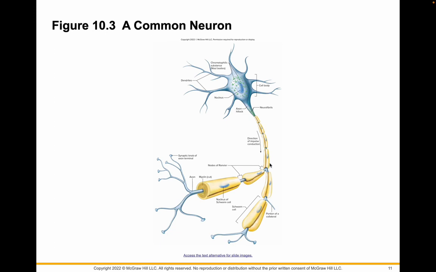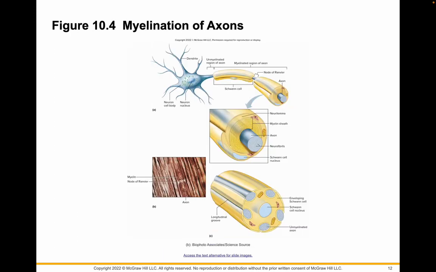The nodes of Ranvier are these spaces in the myelin sheath, and that's going to help us with what's called saltatory conduction. When you get down to the axon terminal, you'll see that synaptic knob, and we zoomed way in on this in the last unit where the neurotransmitters will be found. So these can all talk to different effector cells, whether it be another neuron, a muscle, or a gland.